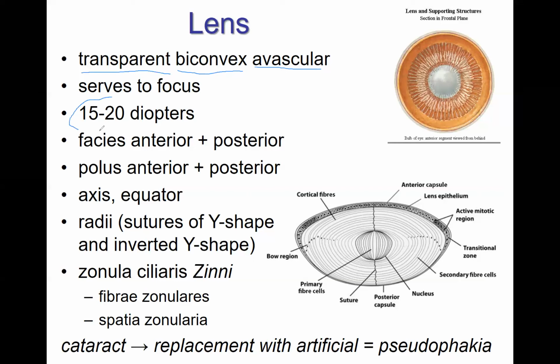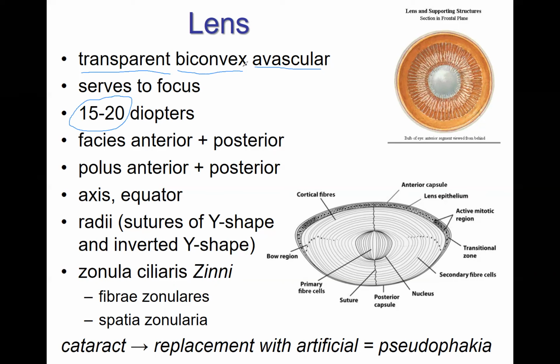We have said that the cornea, as it does not change its shape, has an optical or refractive power of 43 diopters. The lens changes its shape, so the number of diopters also changes. It's from 15 to 20 approximately.